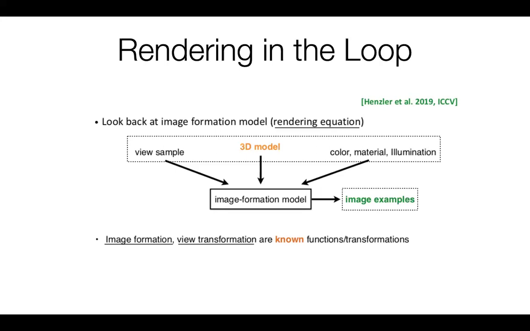A camera has a geometry, and then, as we're going to see in the course, the rendering equation that basically simulates illumination and how the plenoptic function is constructed from the interaction of light and matter, right? And then you have the image formation view transformation that are known functions that we can use to do synthesis and analysis, forward and inverse rendering.